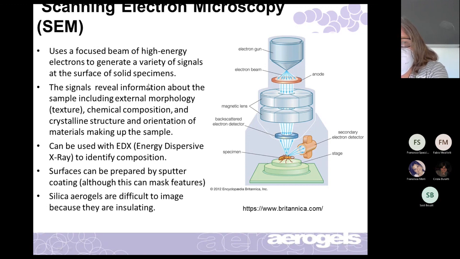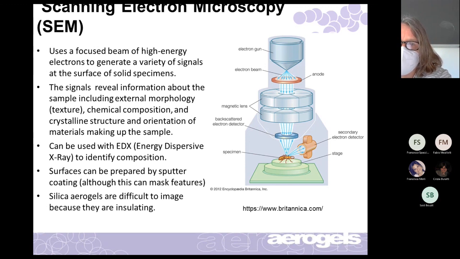You can get information about the texture and the morphology, like what the pore structure looks like. If you have energy dispersive X-ray along with your SEM, you can determine chemical composition and the crystalline structure.